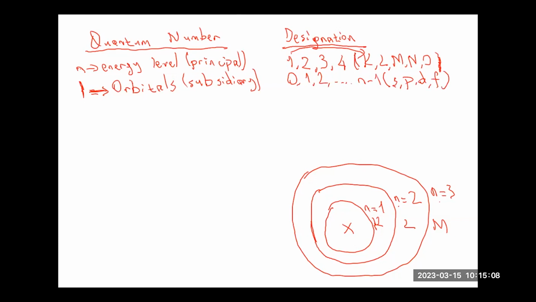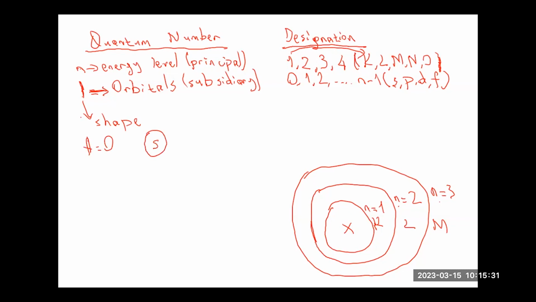Basically, this L also represents the shape. So this kind of shape. L0 means we are at the S orbital, which is spherical.